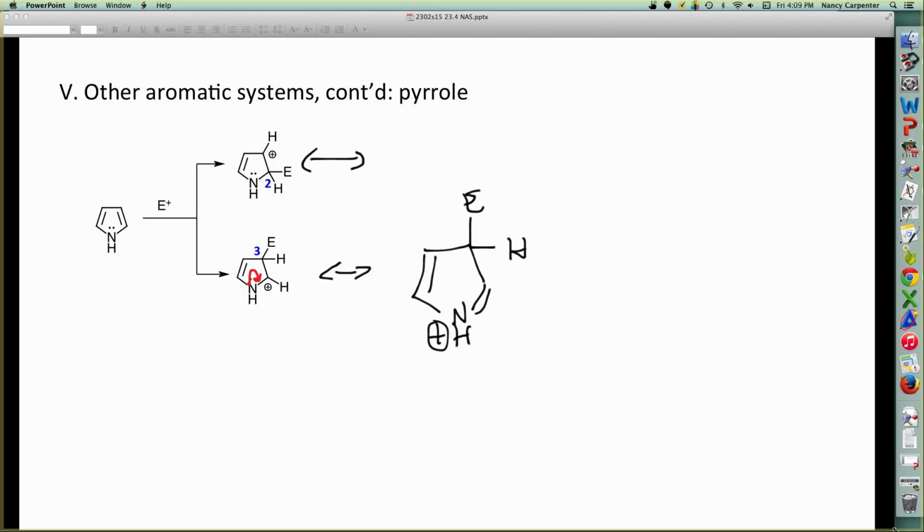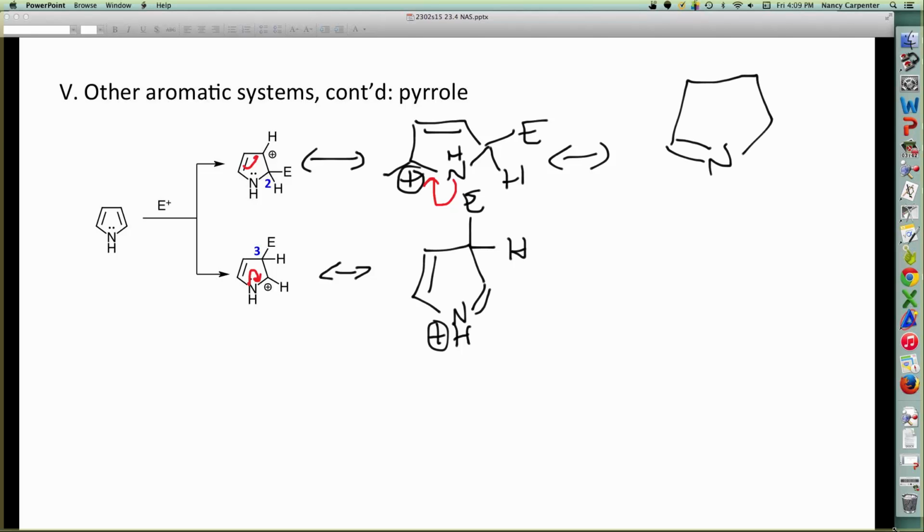There's more resonance contributors on top, because what you get would be positive charge delocalized there. Put my hydrogen there. And then the lone pair on my nitrogen can plop in right there. So I get more resonance contributors when my substitution takes place on carbon 2.